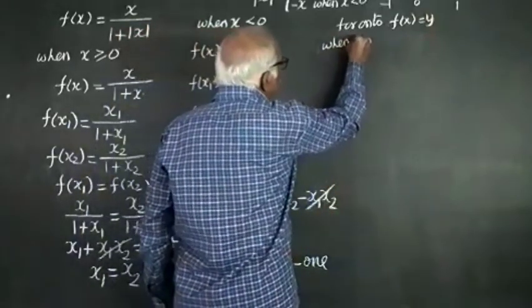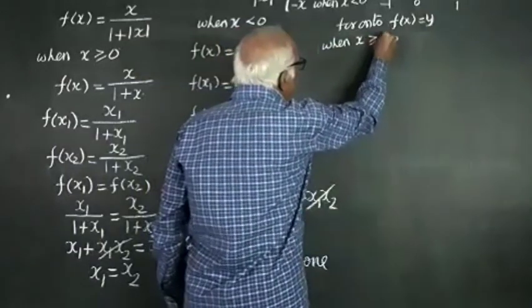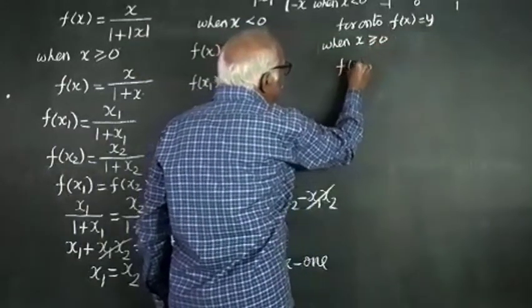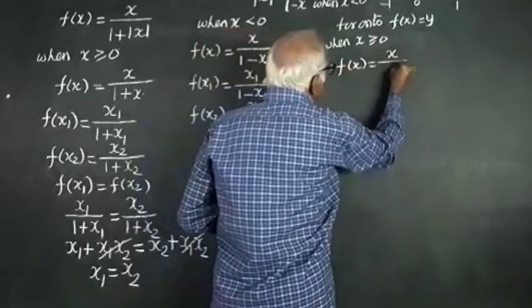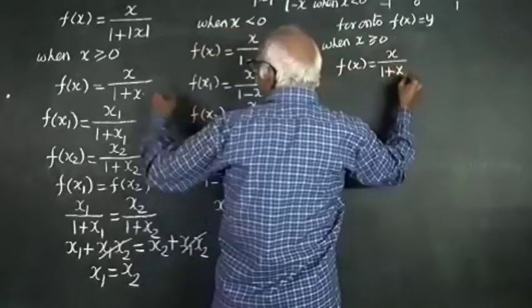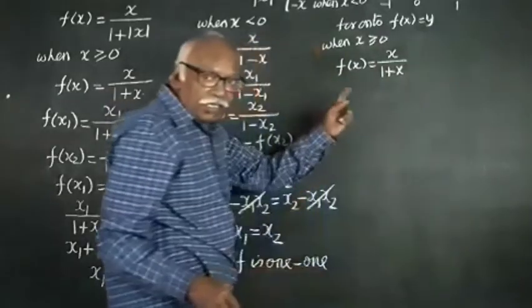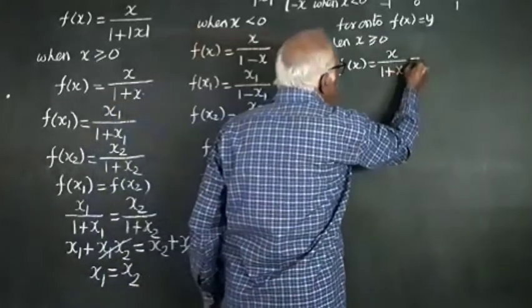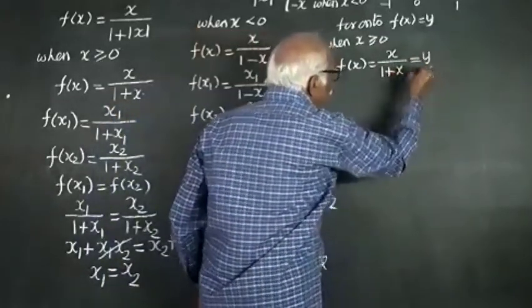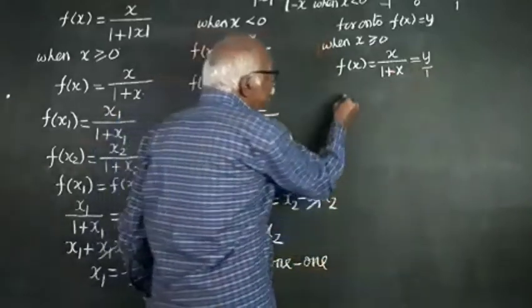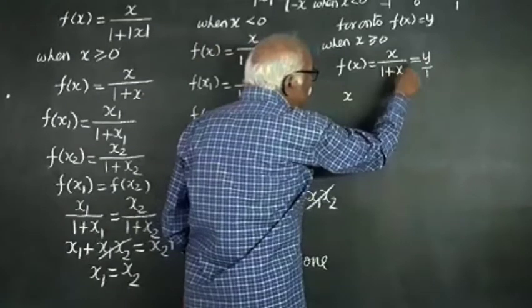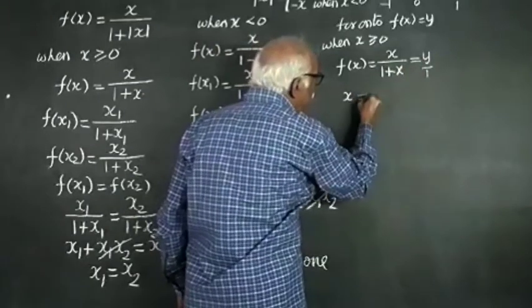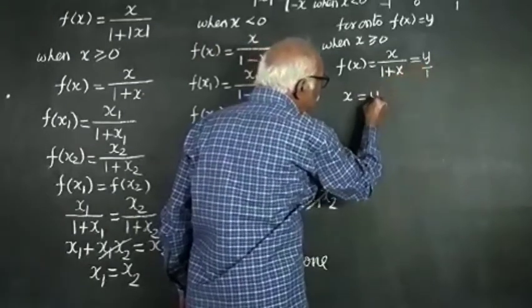When x is greater than or equal to 0, what is f of x? f of x is equal to x by 1 plus x, which is equal to y. Now cross multiply: x is equal to y into 1 plus x.